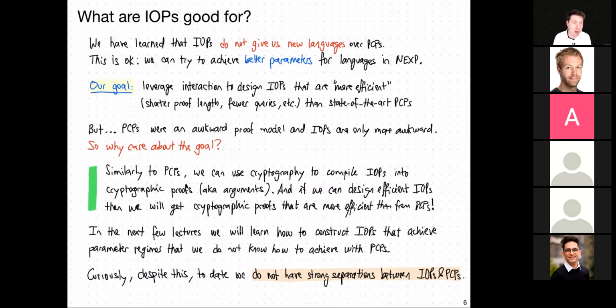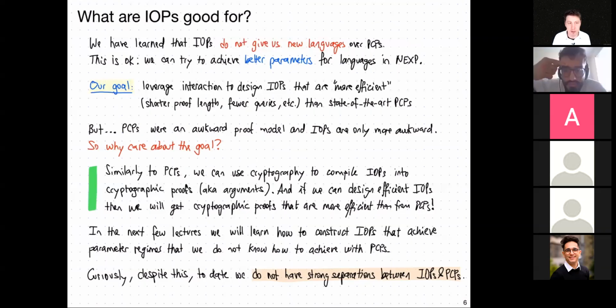After they're compiled, it becomes very difficult to talk about separations, because once you introduce cryptography, asking precise questions is very, very difficult. Because in cryptography, when you start having security parameters and asking about a particular primitive, how is it constructed? Maybe there are ways to construct cryptographic proofs that are useful without really going through an IOP or a PCP, but going through some other weird thing instead. So it's hard to talk about separations after compilation. Okay, so I don't know how to formulate such a question.